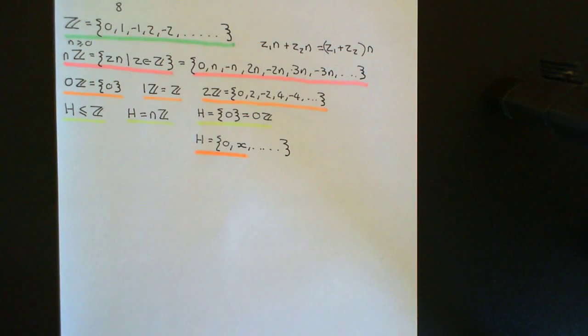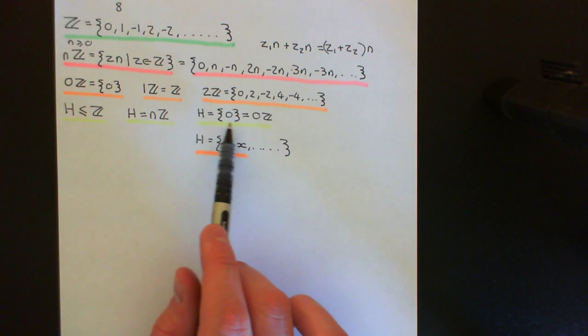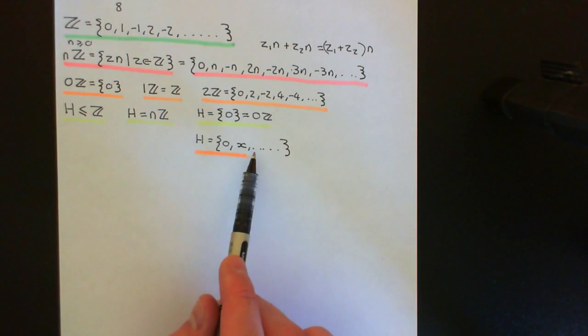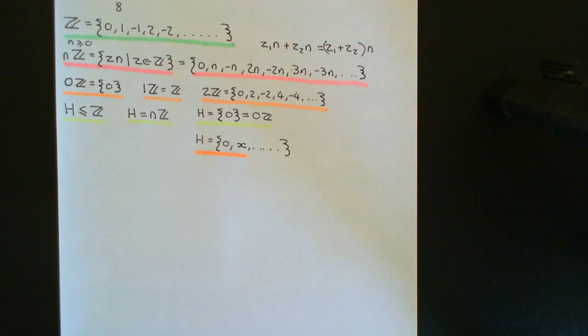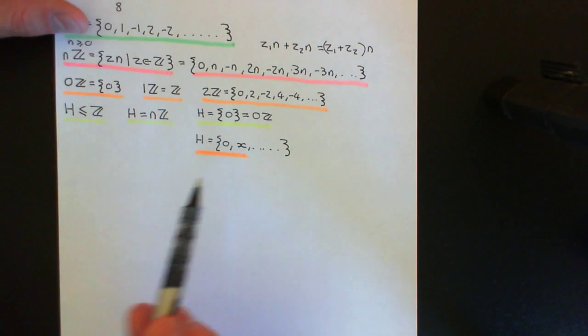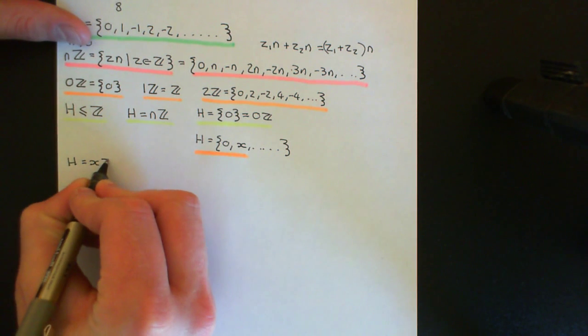Well, now what I can say is pick the smallest positive integer in capital H. Okay, so I've now said that if capital H is going to be beyond just the subgroup that contains the 0 element, then it must contain positive integers. So there must be a smallest one. Now let's say that x is the smallest one. So what I claim then now is that H is equal to xZ.